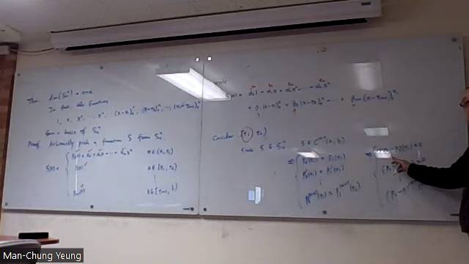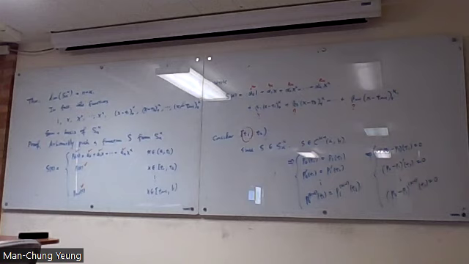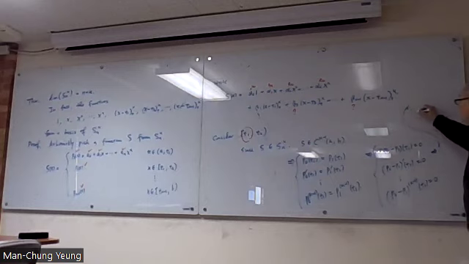P0 and P1 are polynomials of the degree K. A polynomial of the degree K at T1 is 0, derivative is 0, second derivative is 0, and K minus 1 derivative 0. Then it can be solved.